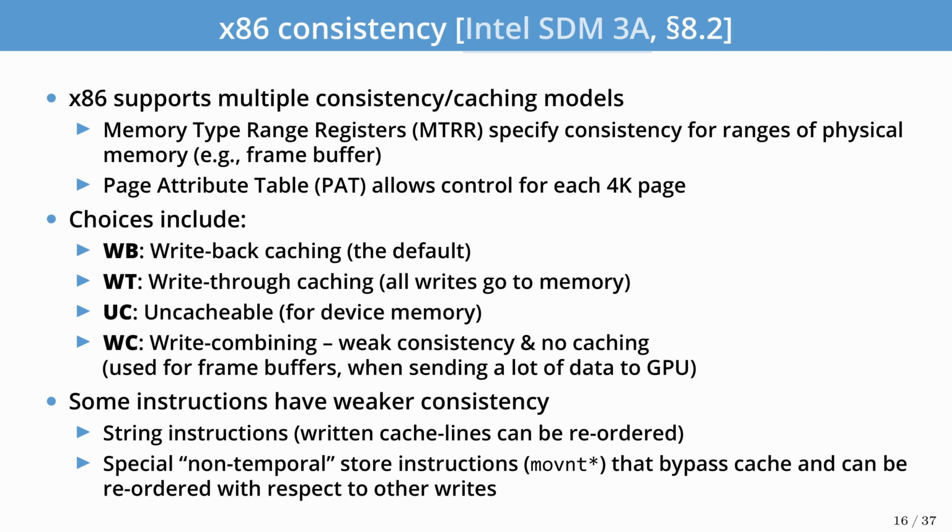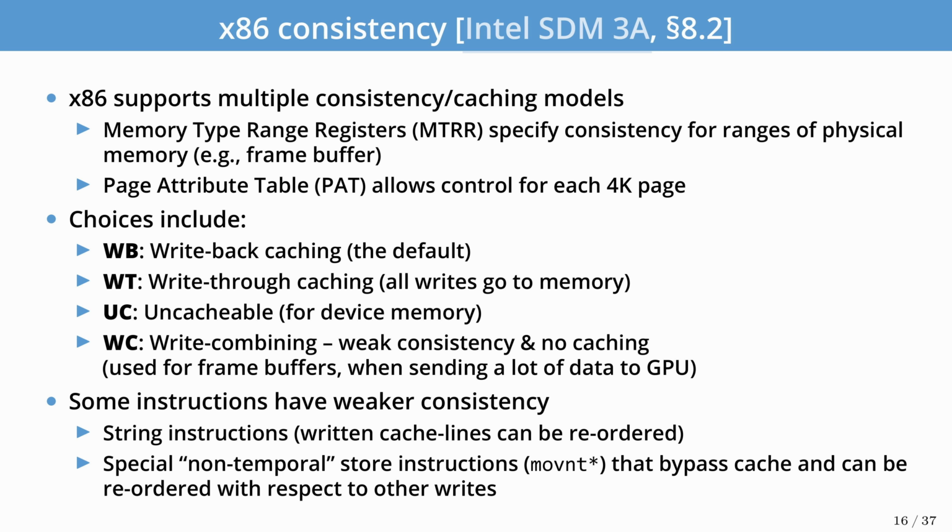And the choices here are pretty comprehensive for most architectures. We have a write-back caching model. This is the default. It means that when you do reads and writes to memory, they will be stored in cache, and eventually they'll be flushed back to memory. A write-through caching model, where all writes will go straight through into memory.